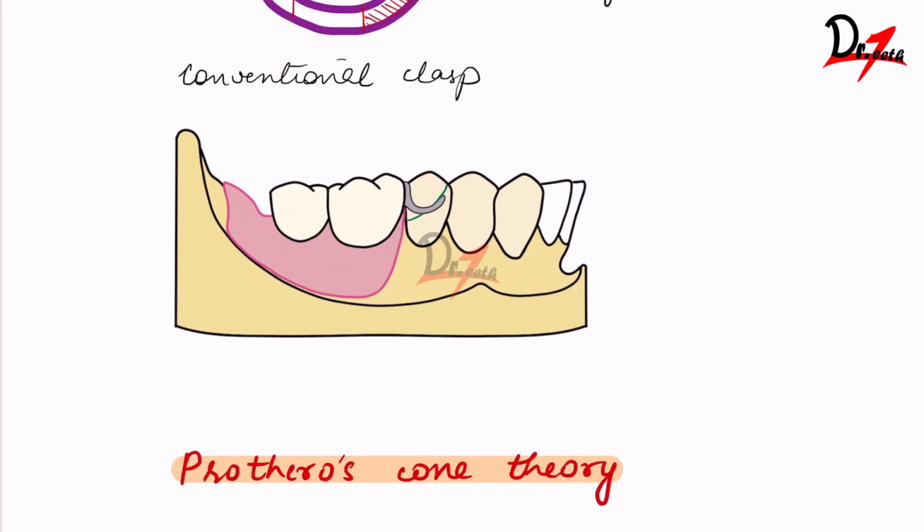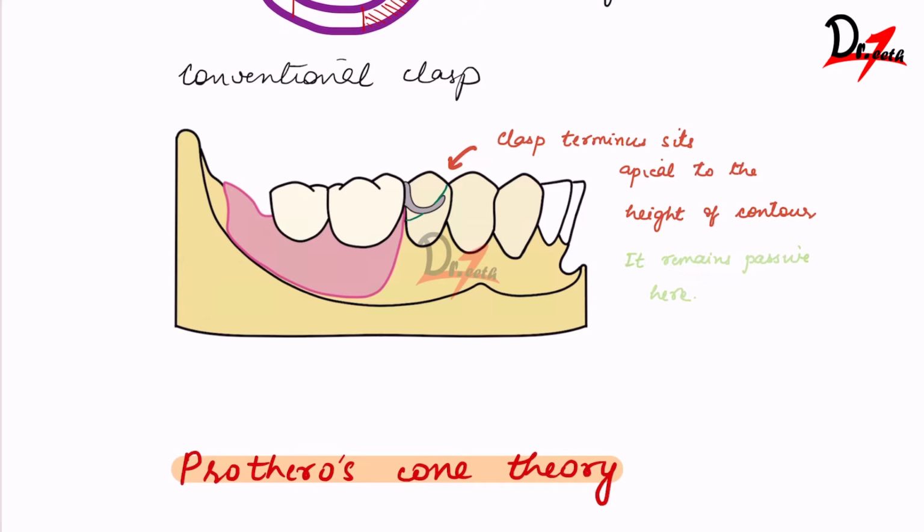Because of this, the dislodgement will be prevented. Also note that at this position, the clasp is now passive. Once our prosthesis is fully seated, this clasp will not apply any unwanted forces on the abutment teeth, which is a very good thing.